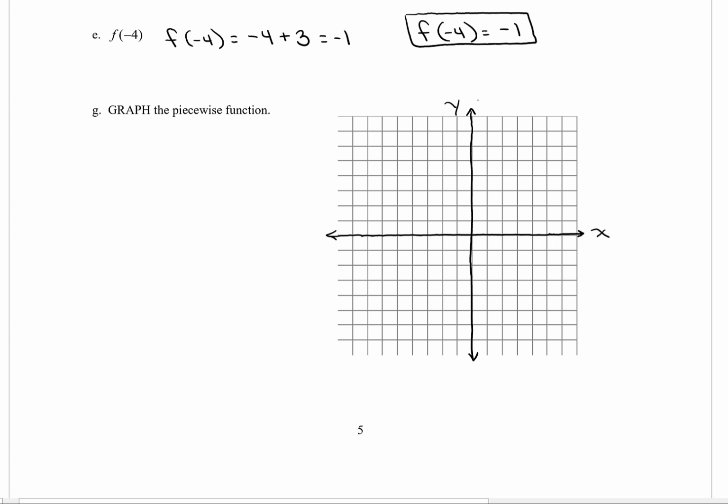I'm going to rewrite my piecewise defined function. F of x equals x plus 3 when x is less than negative 3, and 2x minus 1 when x is greater than or equal to negative 3.